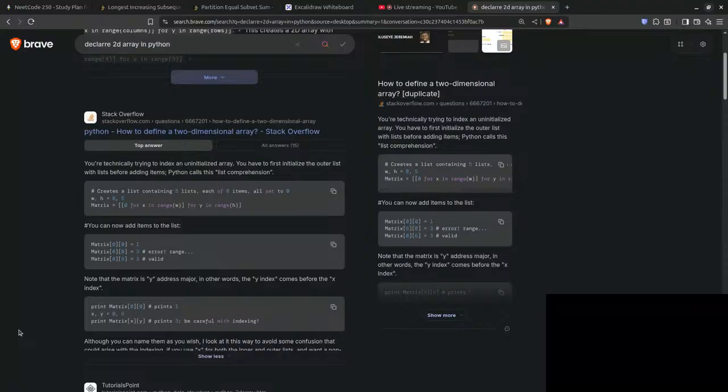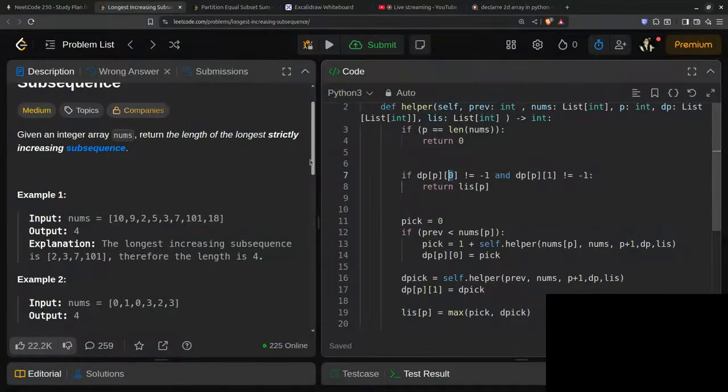But how does that work if previous index position, okay, if I choose the previous, if I take this element then p plus 1 is the new element.